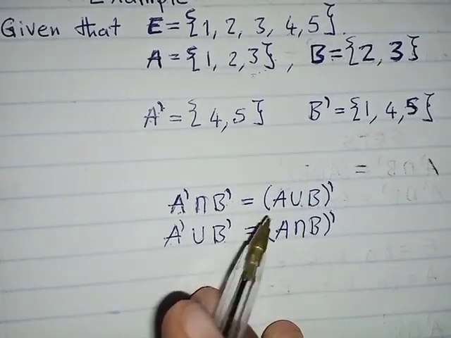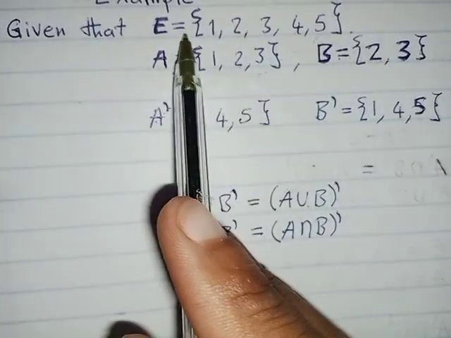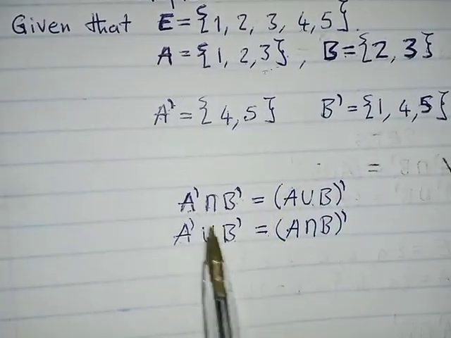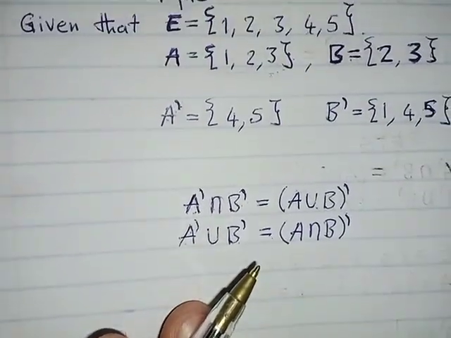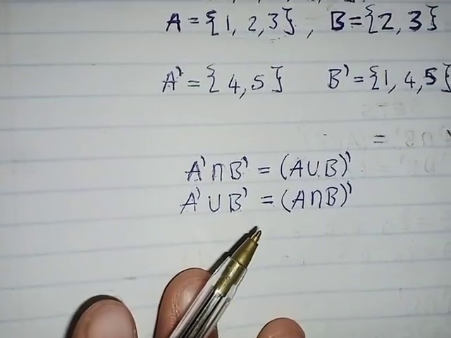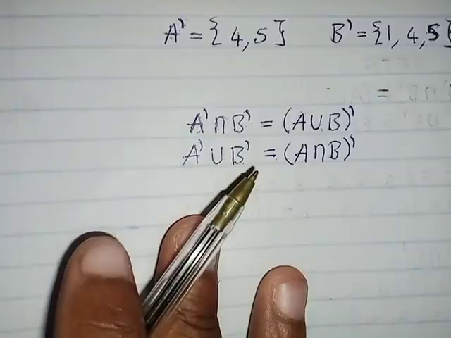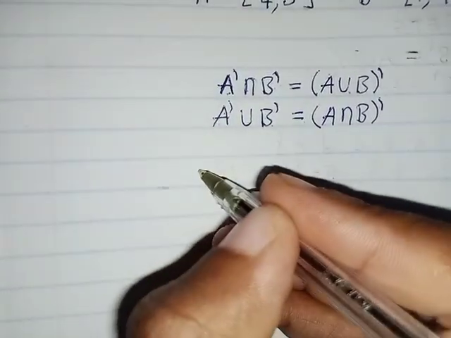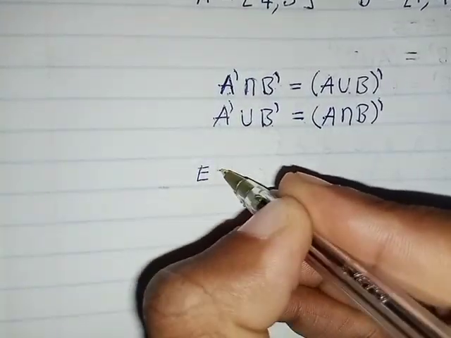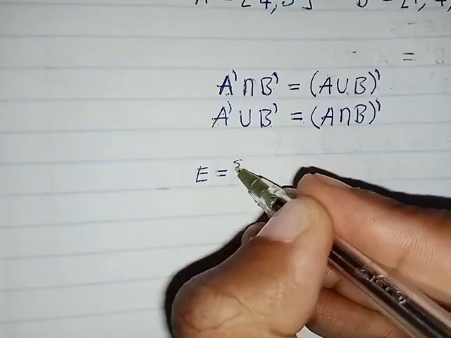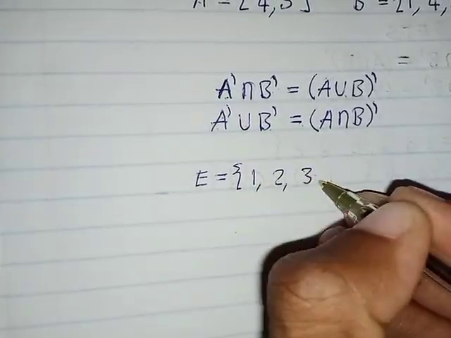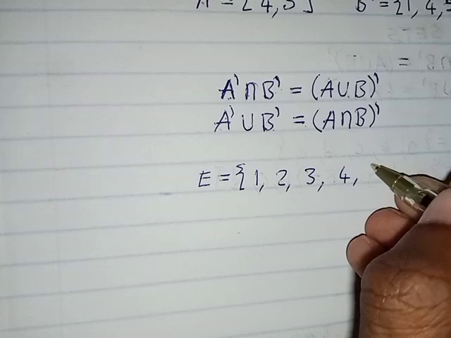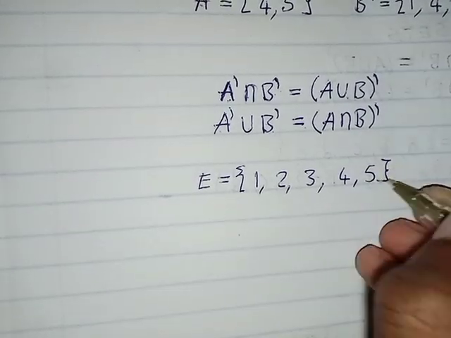So I'm going to use the same example to prove that De Morgan's law holds. So I'm going to list down the universal set. Our universal set has elements 1 to 5. We are always supposed to refer to the universal set. So our universal set has 1, 2, 3, 4, and 5, like that.